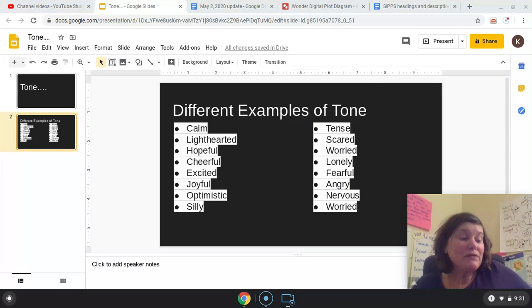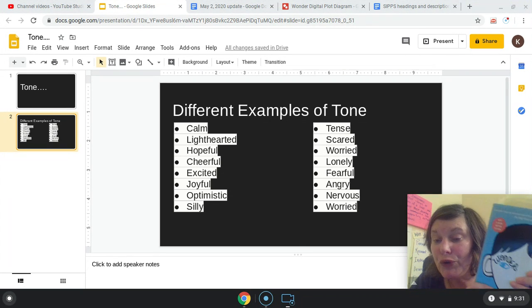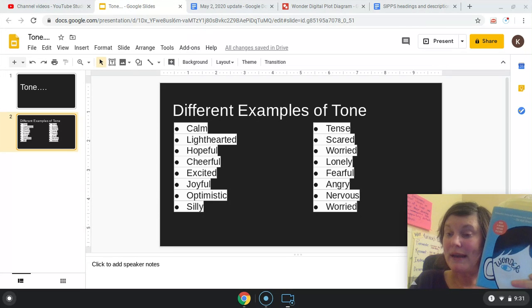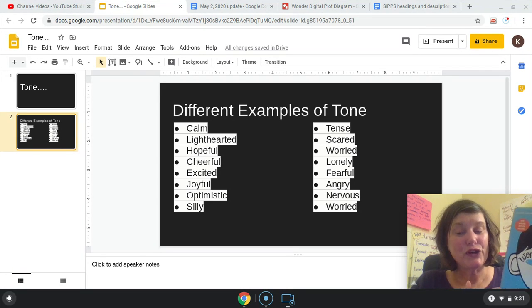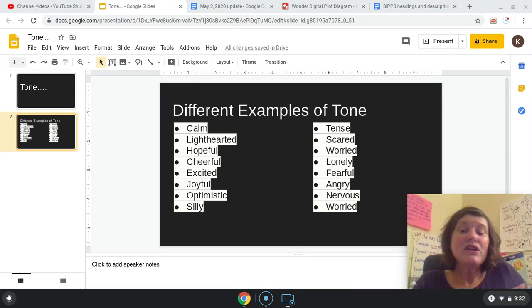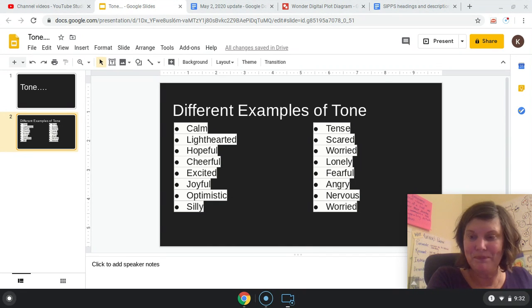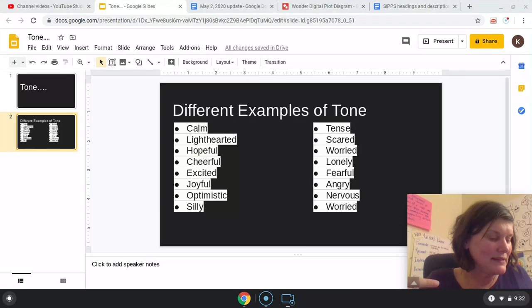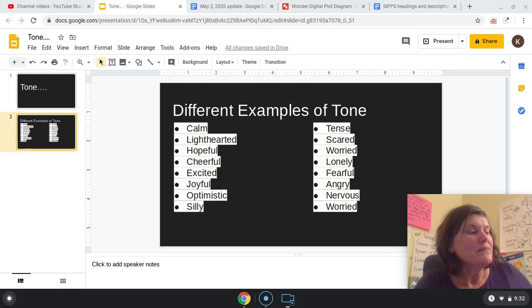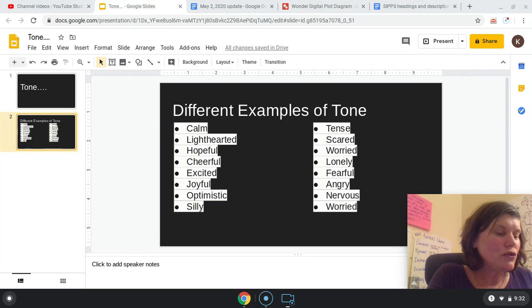So you can figure out the author's tone based on how things are being said. You can figure out their tone by whose point of view we're hearing the story from. So let's go back to the beginning and figure out what the tone was at the beginning of the story. If you recall yesterday, when we reread some of the examples, it was all being told from Augie's point of view.